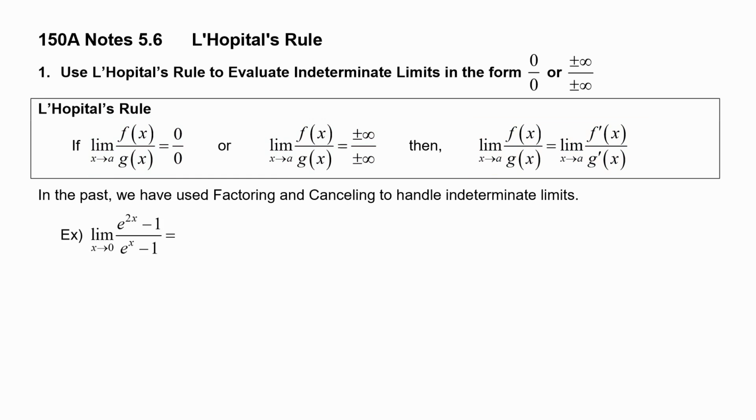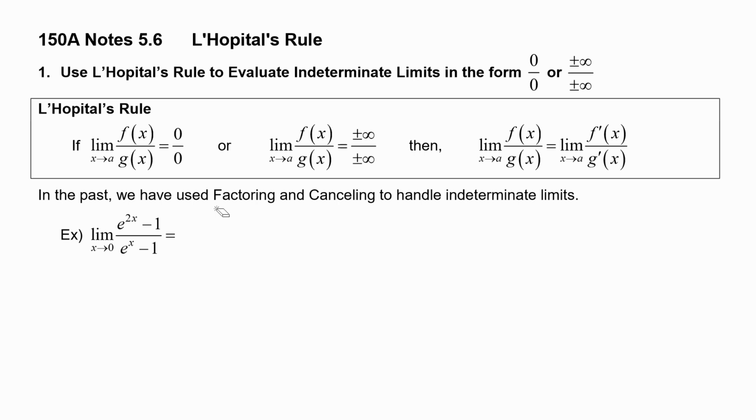In the past, we have used factoring and canceling to handle indeterminate limits. So for example, say we had to do the limit as x approaches 0 of the quantity e to the 2x minus 1 over the quantity e to the x minus 1.